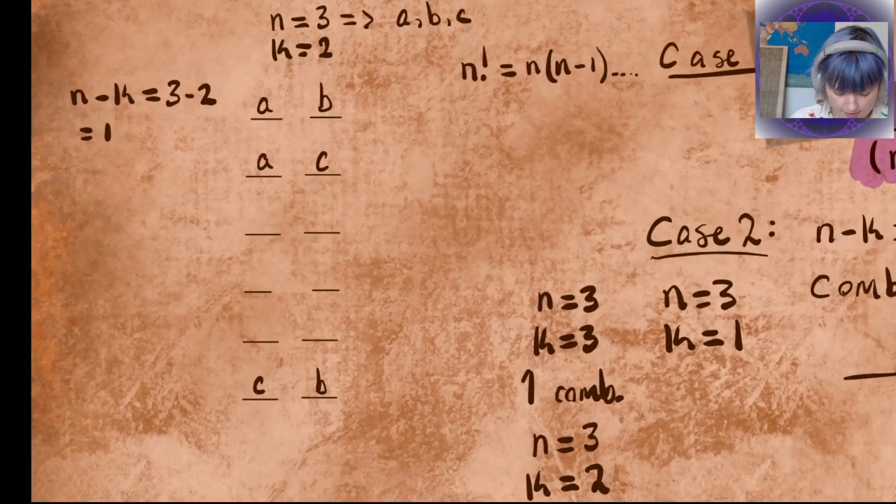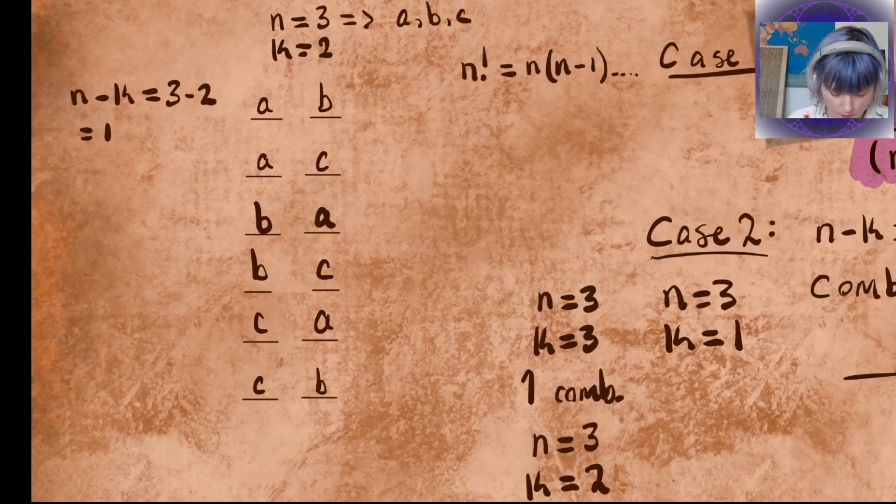Let's go back and list our permutations again. ABC, ACB, BAC, BCA, CAB, CBA. Okay, so we have our 6 permutations here.